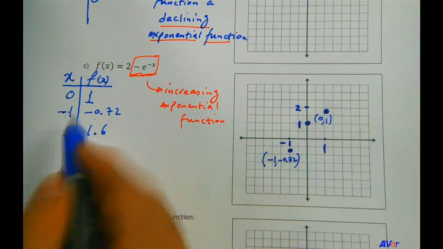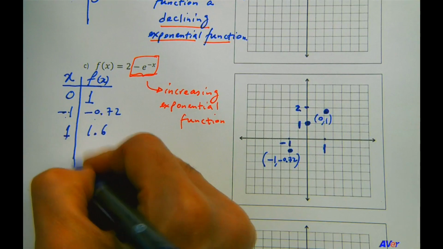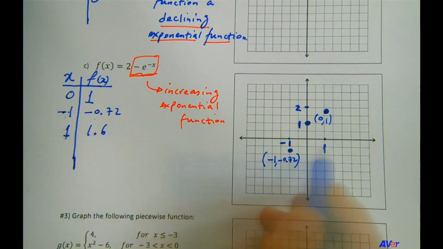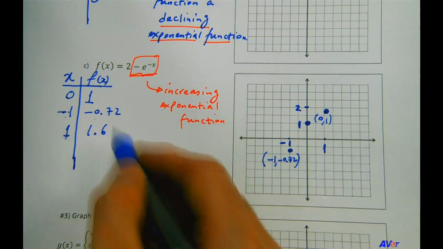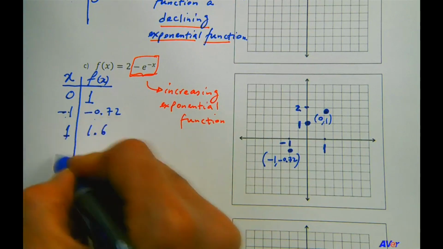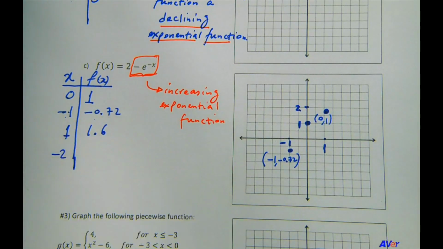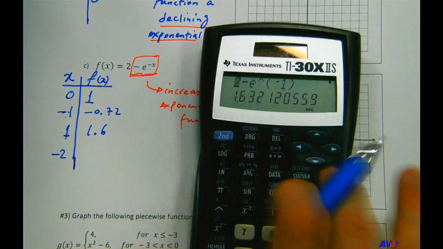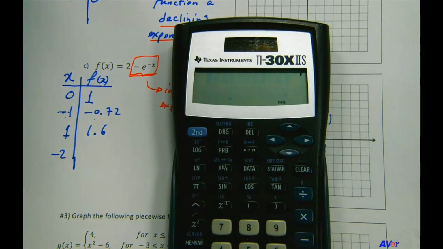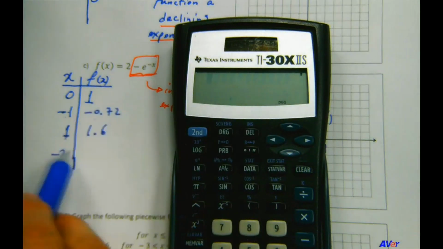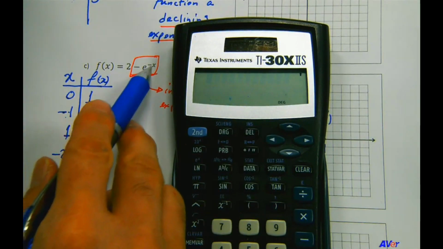And then let's get another negative value here, because we need a better idea about where this line is going. So let's say negative 2. If x is negative 2, that would be e to positive 2 power.